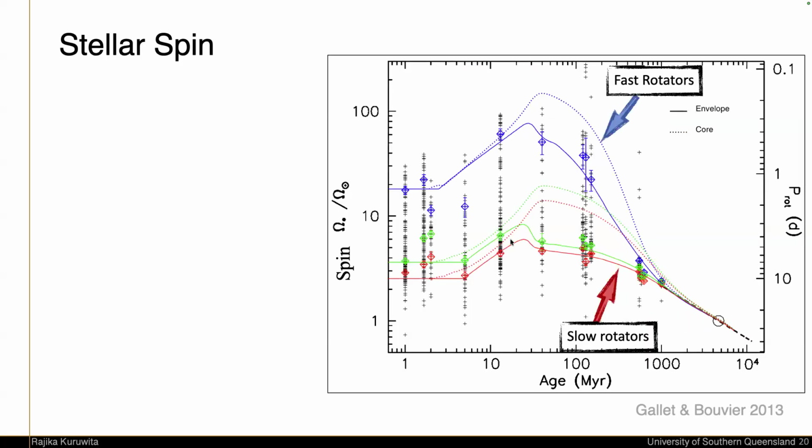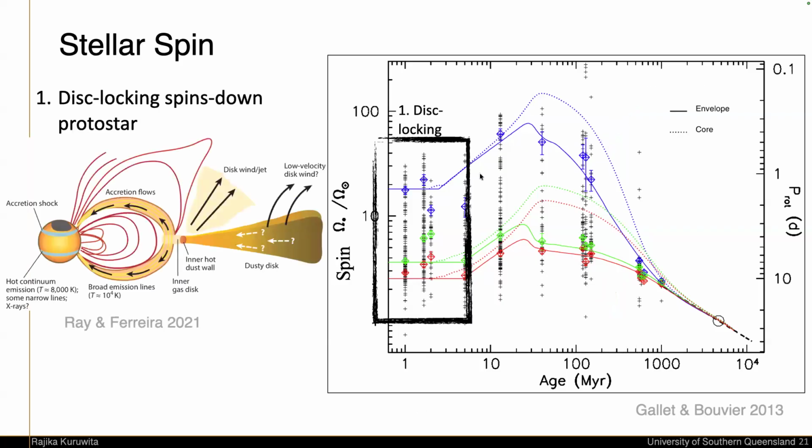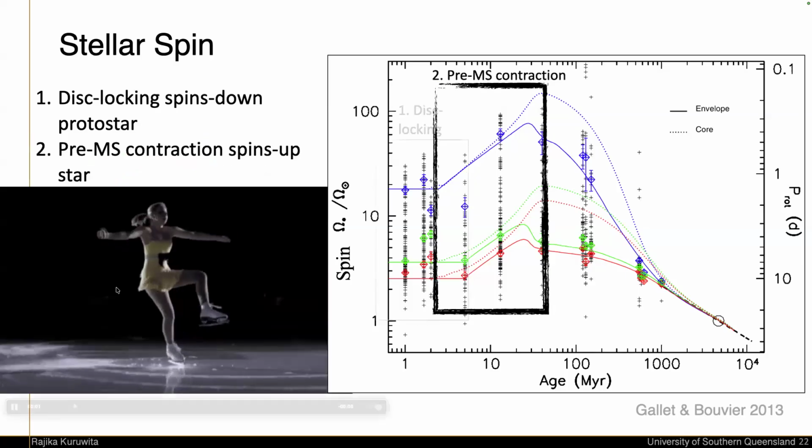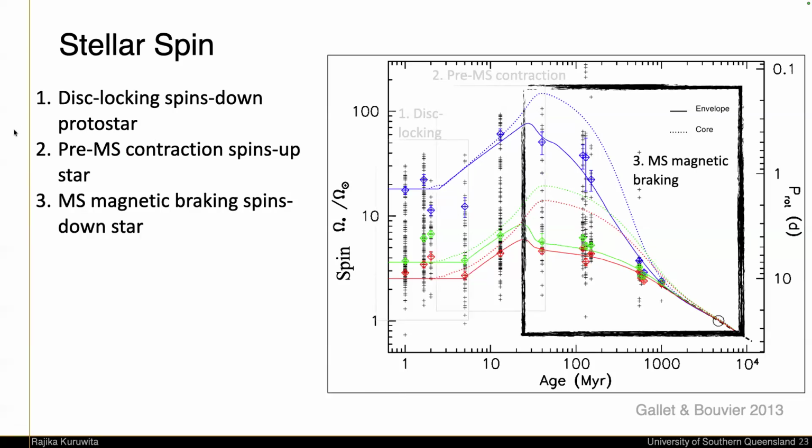We can broadly group the spin evolution of stars into this red line up here, which we call fast rotators, the blue line up there, and the red line down here, which is called slow rotators. There are 3 phases of the spin evolution of stars. Initially, we think that the spin evolution of a star is pretty steady, and that's because of disk locking. In the early stages, you have this star, and in the really inner disk, everything is ionized.